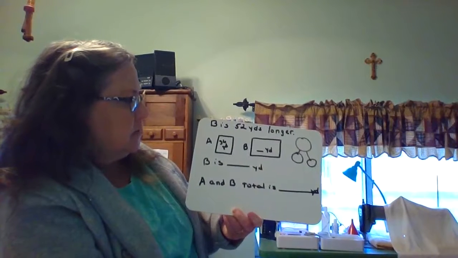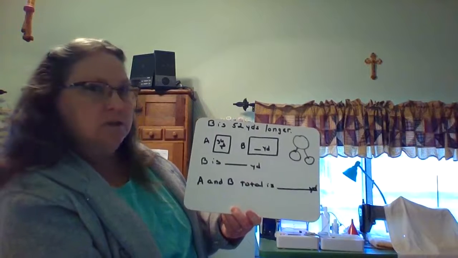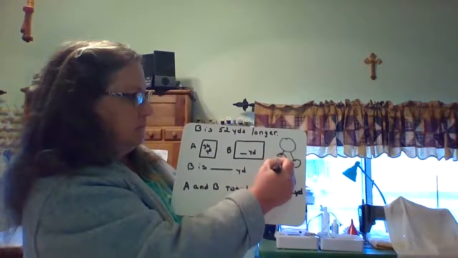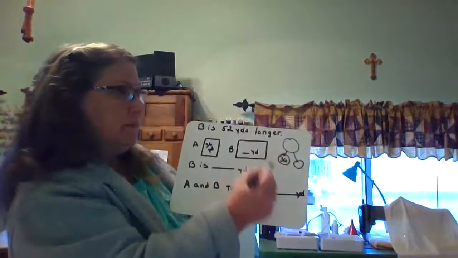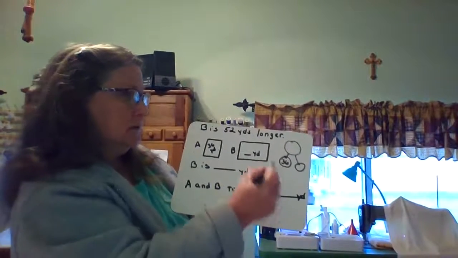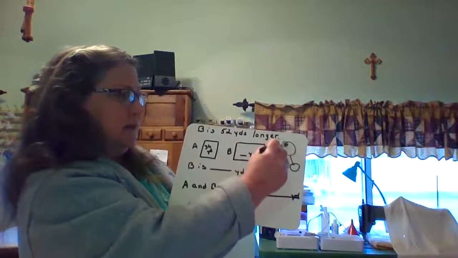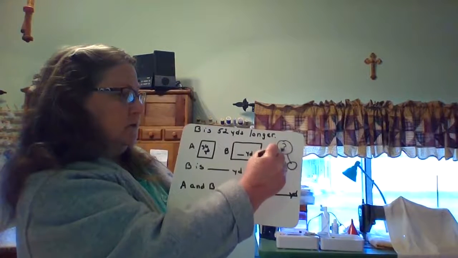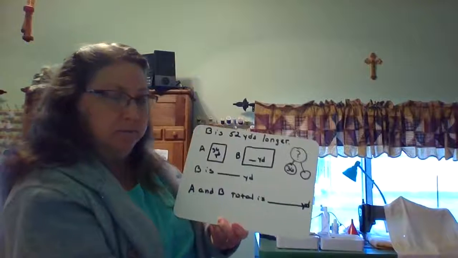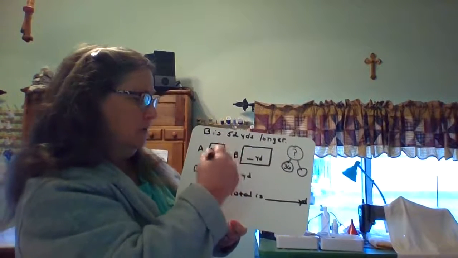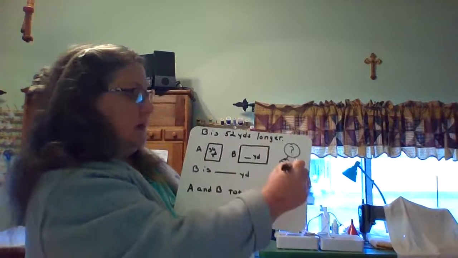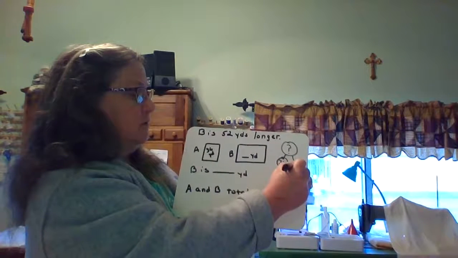Well, I know that A is 36. I don't know what B is. I don't know the whole total of B. Well, this would be the total of B up here, the big number. But I know that it's 52 yards bigger than A, so 52 would go here.